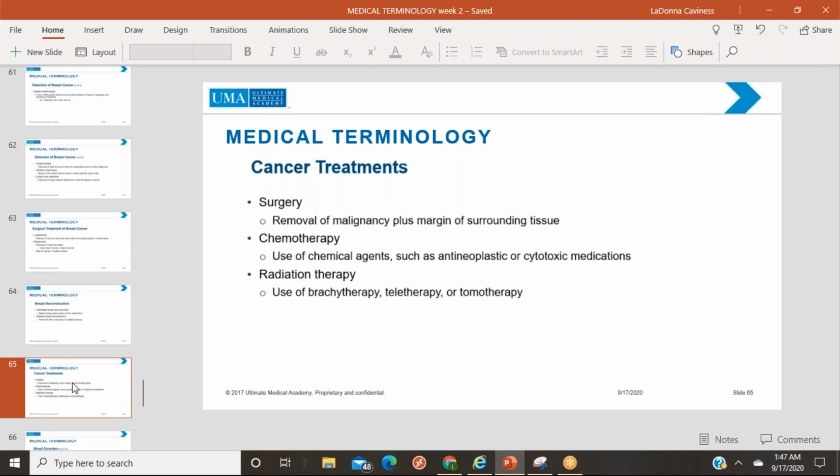Surgery, removal of the malignancy plus margins of surrounding tissue. Chemotherapy, use of chemical agents such as antineoplastic or cytotoxic medications. Radiation therapy, use of brachytherapy, teletherapy, and tomotherapy.